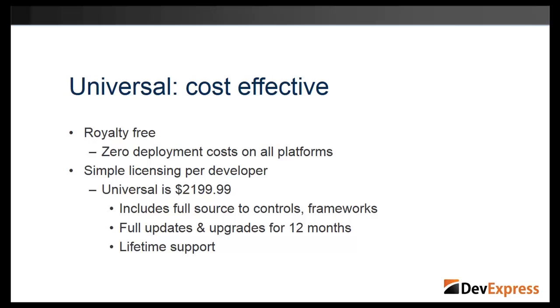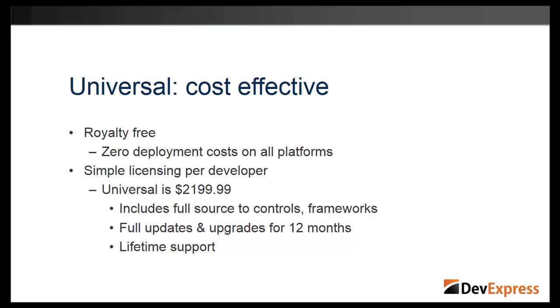Universal is, I would say, cost effective. It's royalty-free. Zero deployment costs on all platforms, simple licensing per developer. We don't do any kind of runtime royalties for the apps you build with our controls and frameworks.